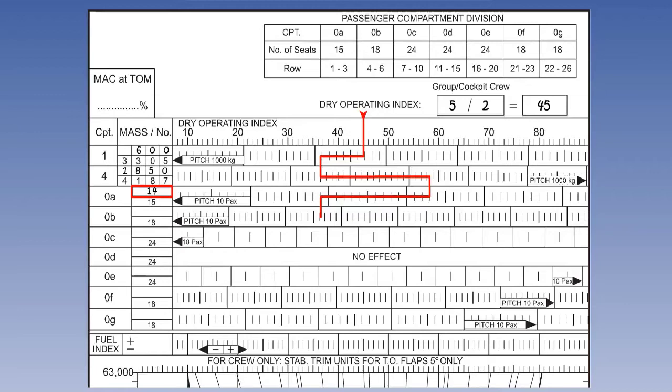Continue by entering the passenger numbers in each compartment from OA through to OG. Starting with OA, enter 14 and from the previous vertical line, move left 14 units and drop a vertical line to the box below.